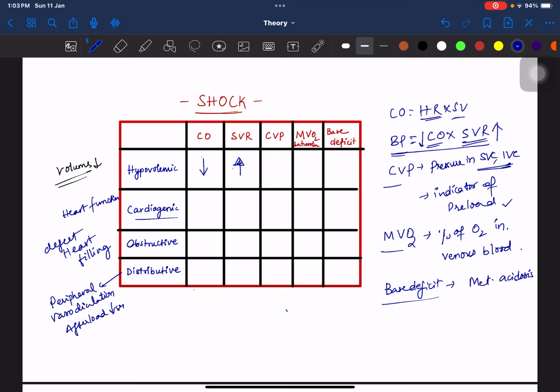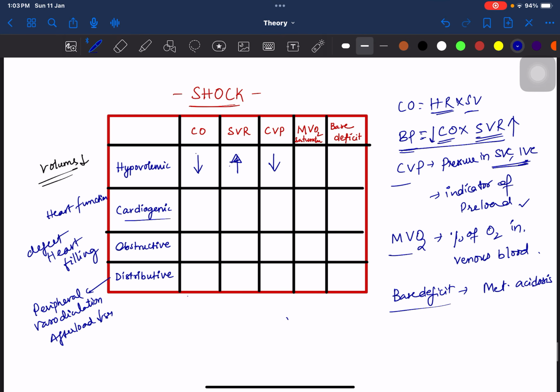Anyways, what happens to central venous pressure in hypovolemic shock? Since there is decreased cardiac output and decreased preload, the CVP decreases. What happens to MVO2? We'll come to the mixed venous oxygen saturation at the end of the video. Then what happens to base deficit? We'll come to that at the end of the video as well.